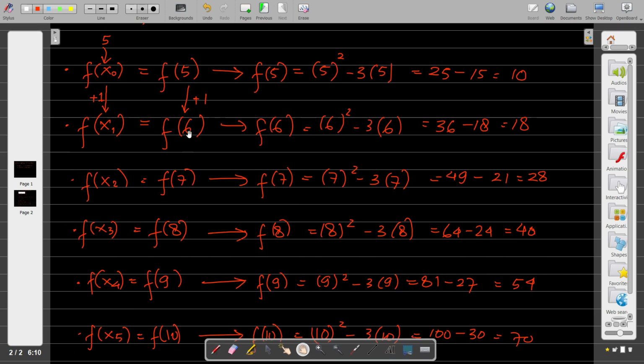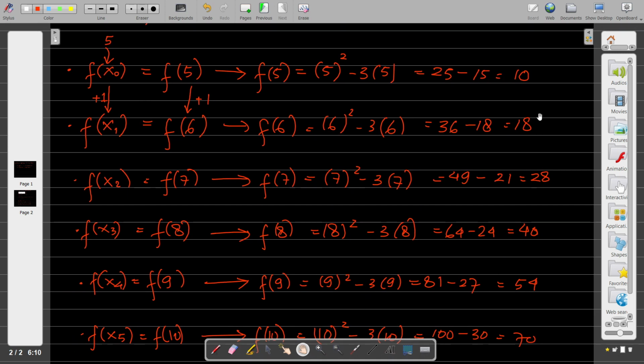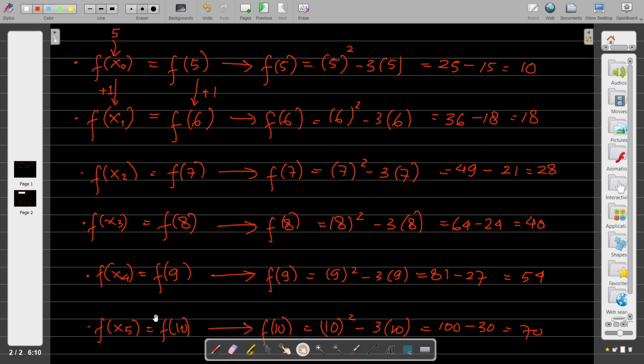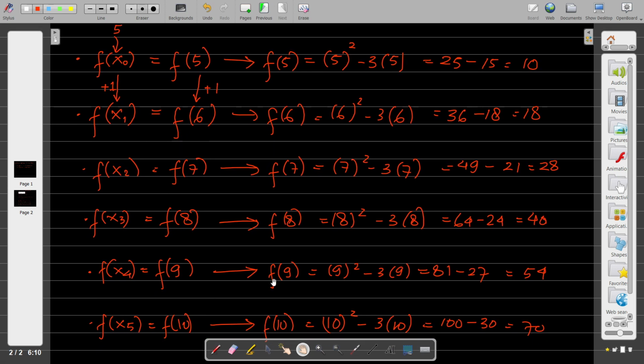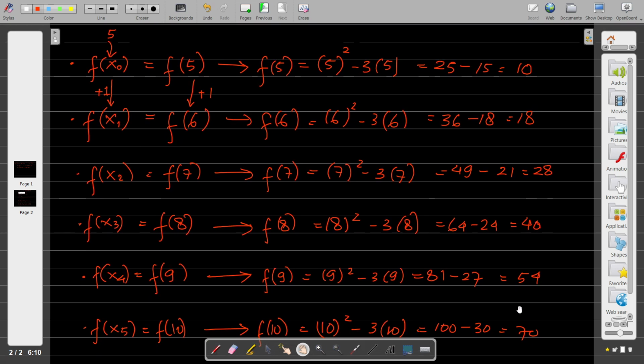We got all of the calculations from x equals 5 until x equals 10.